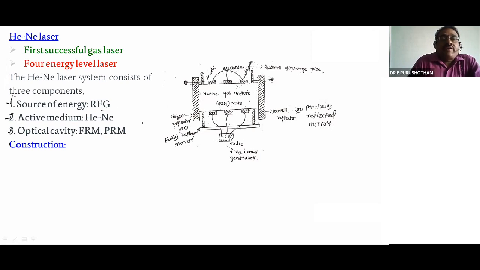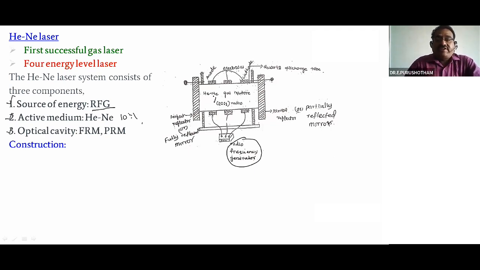In source of energy, this is the radio frequency generator, RFG. You can observe here the radio frequency generator. For the active medium, a 10:1 ratio helium neon gas mixture behaves as the active medium.